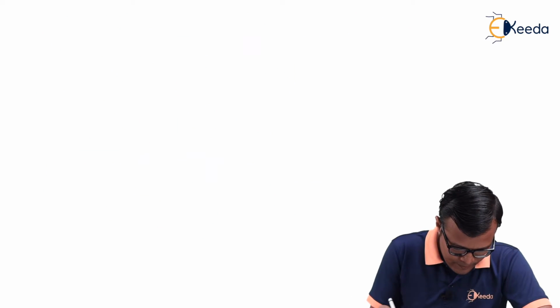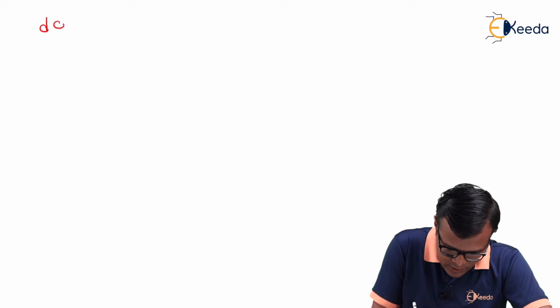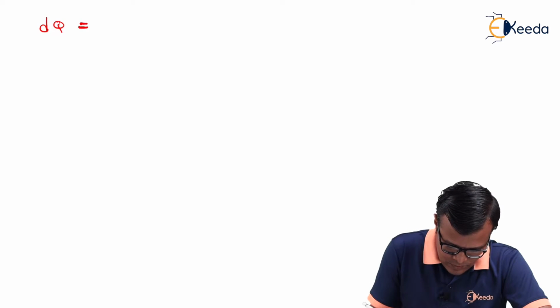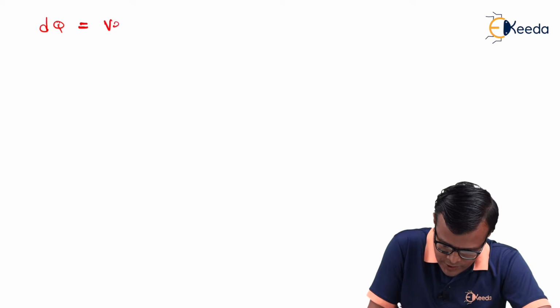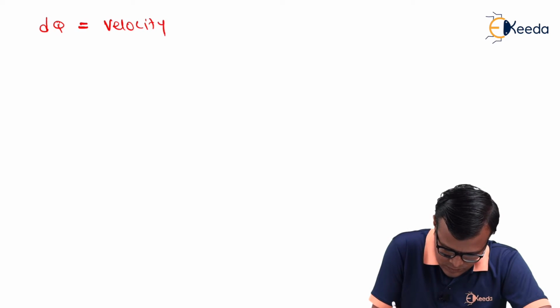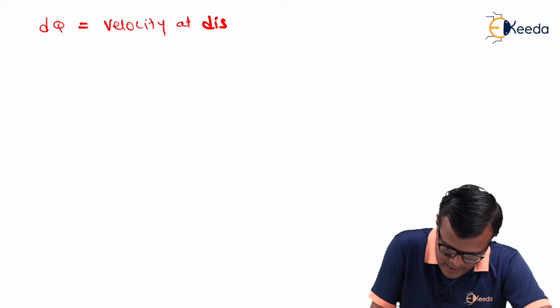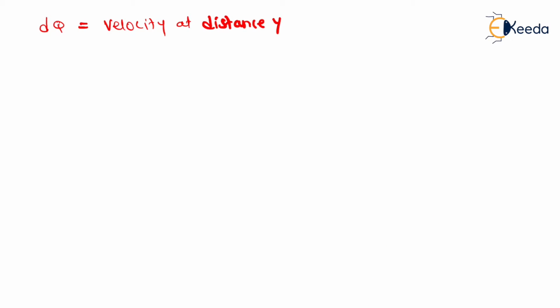So we will calculate it by considering a small discharge dQ, that can be calculated as the velocity at distance y.